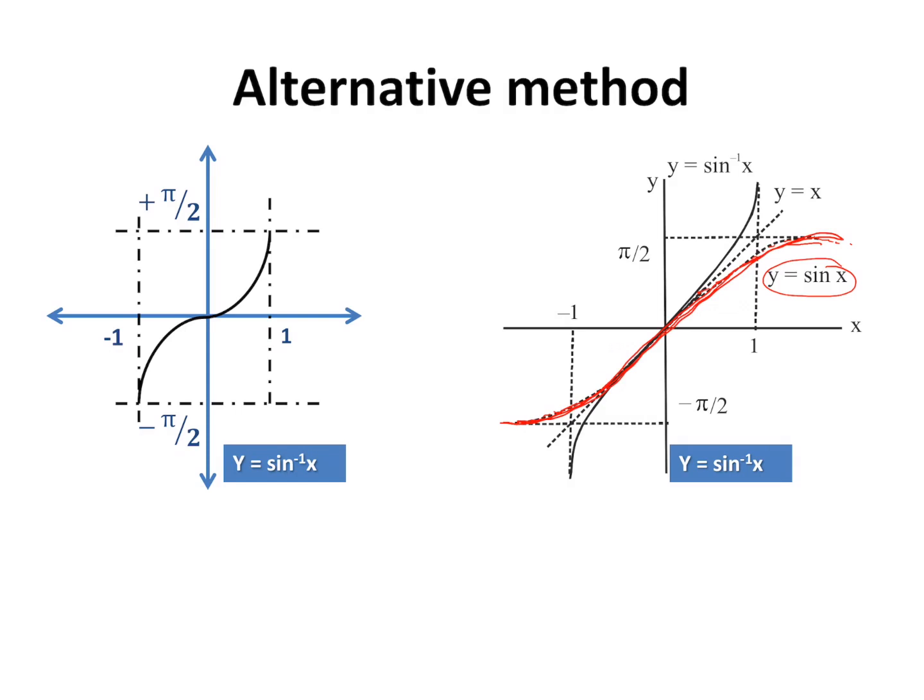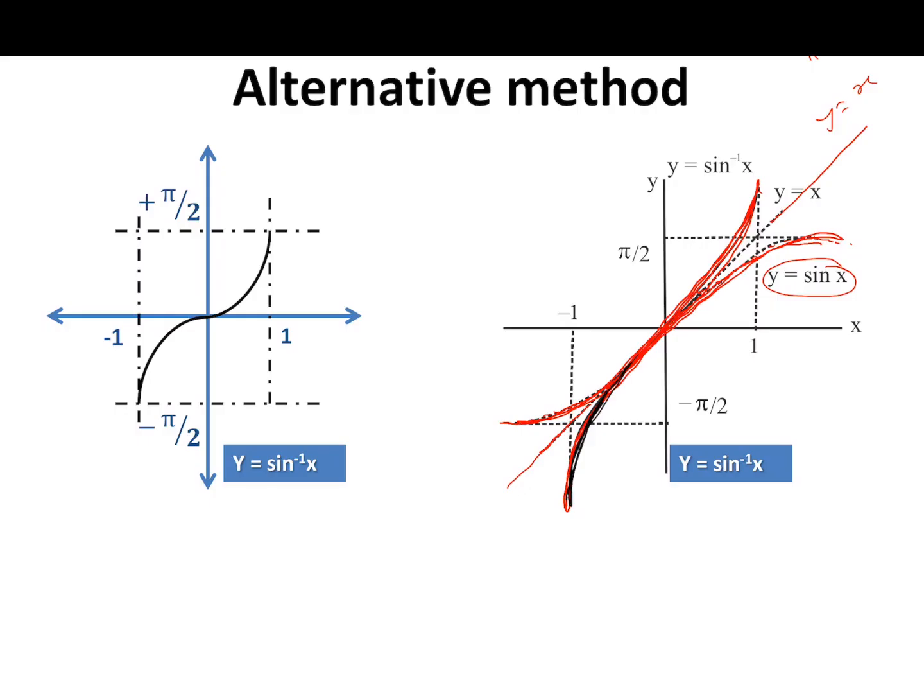And for the inverse function, first I will draw the line y equal to x, and then I draw a symmetrical figure about this particular line. So this highlighted line will represent the graph of the inverse function.